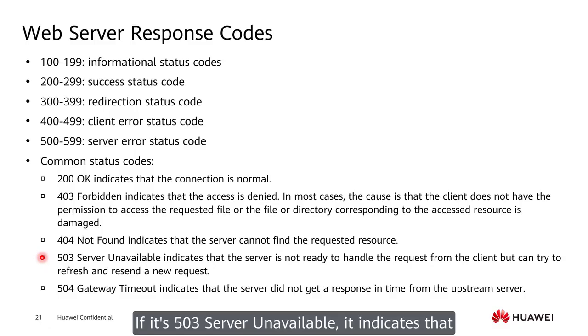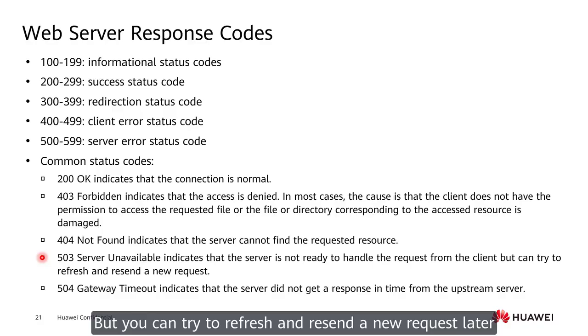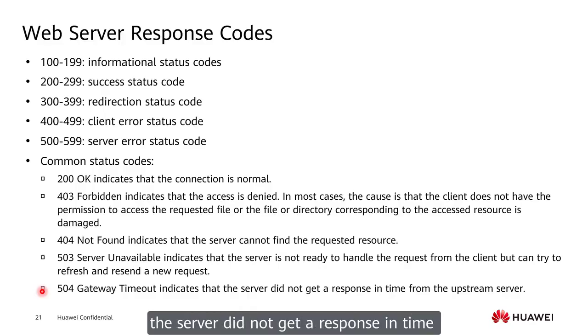If it's 503 Service Unavailable, it indicates that the server is not ready to handle the request from the client, but you can try to refresh and resend a new request later. And the final one, 504 Gateway Timeout. It indicates that the server did not get a response in time from the upstream server.